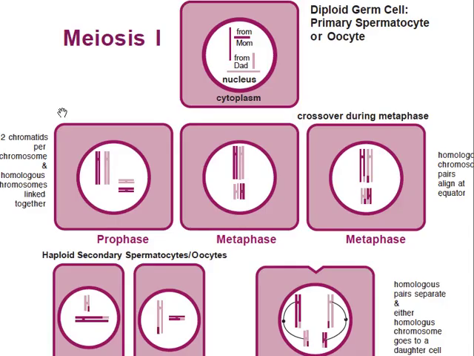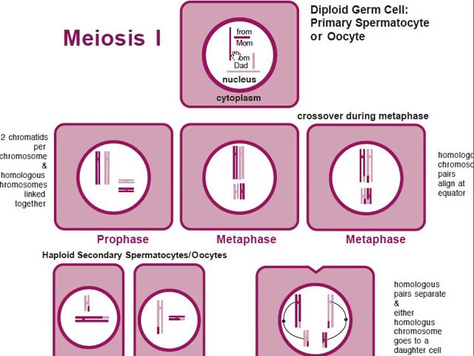This diagram will highlight meiosis 1 division. It begins with a germ cell, a primary spermatocyte or oocyte that was produced by mitosis from a spermatogonium or an oogonium germ cell. In this particular cell, we have four chromosomes, two paternal and two maternal ones.